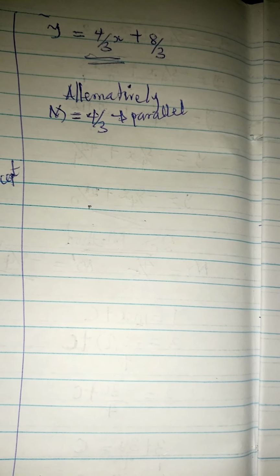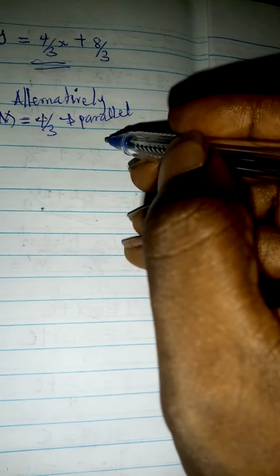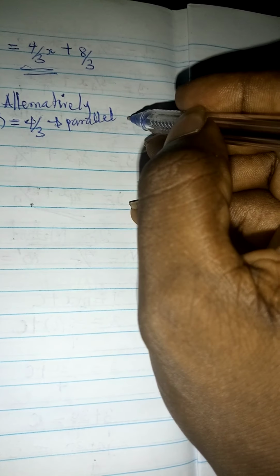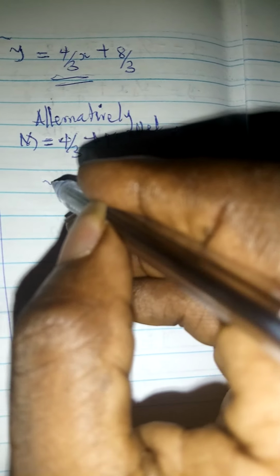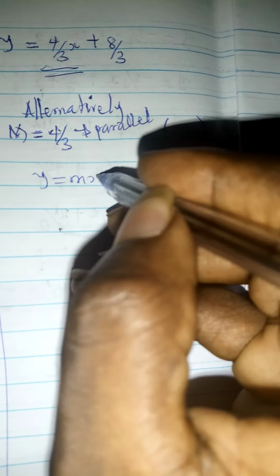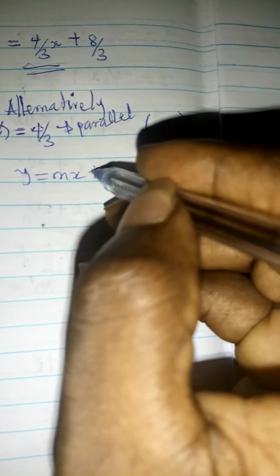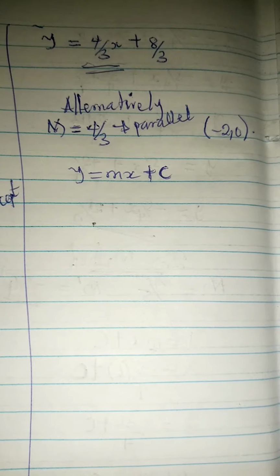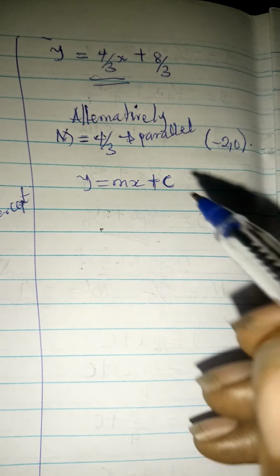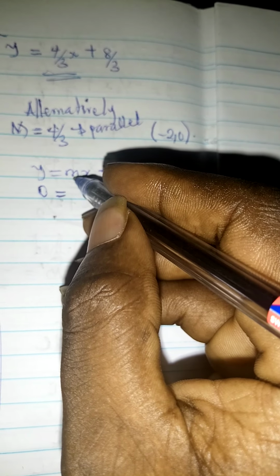And the point, what is the point? The point is -2, 0. We make use of y equals mx plus c, so that it can enable us to get our y-intercept. So what is our y? Our y is y1, which is 0, equals, what is our m?